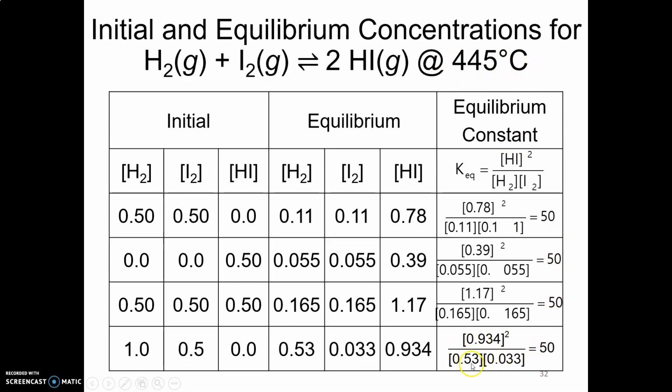And notice the values that are being plugged into K. They're these, right? The values being plugged into K are the equilibrium values. So who cares about initial? That's not what we're plugging into the equilibrium constant expression.